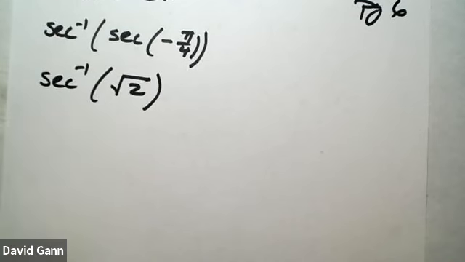Well, you've got to remember that inverse secant has a range that is from 0 to pi, except there is no value for pi over 2.